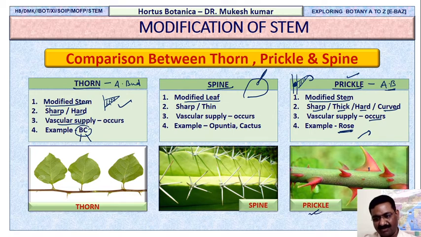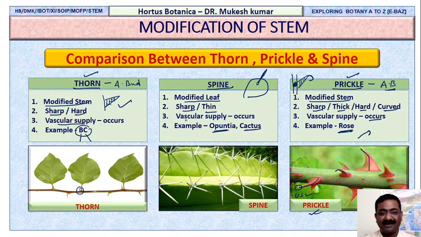See, this is common and curved. So you are finding how it is curved. See, this water droplet is there. Since the water droplet is there, water is being supplied at that tip, so vascular supply is there. Here also vascular supply will be there. But mind well, in the case of a spine, as in Opuntia and cactus, it is thin, not hard and thick like thorn and prickle.